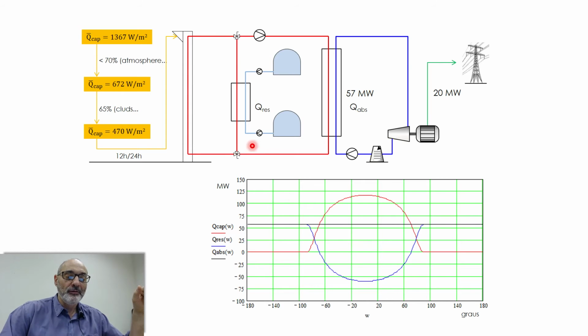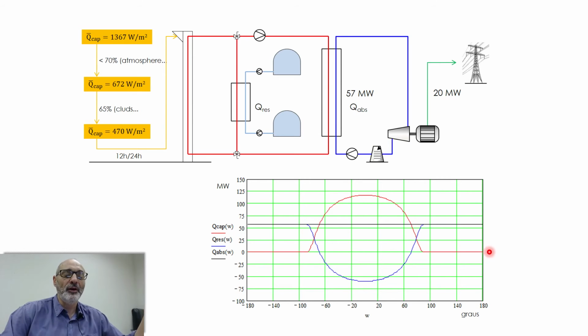Okay, and this black line is equal to the sum of what I get from the sun and what I get from the storage system, thermal storage system. Okay, so from the sun I already calculated. Okay, is this red line here. Okay, so I want a constant supply of heat to the secondary cycle.